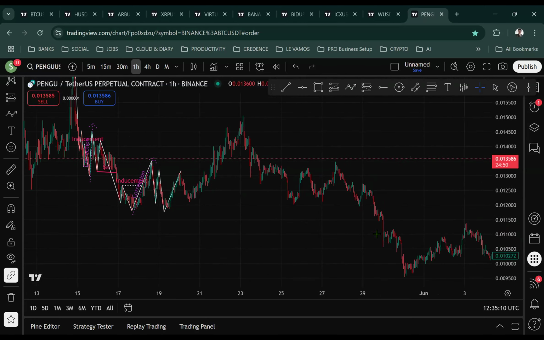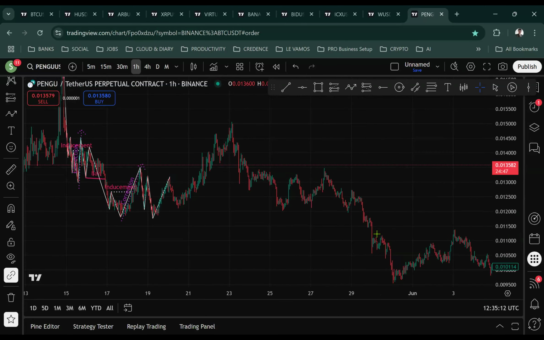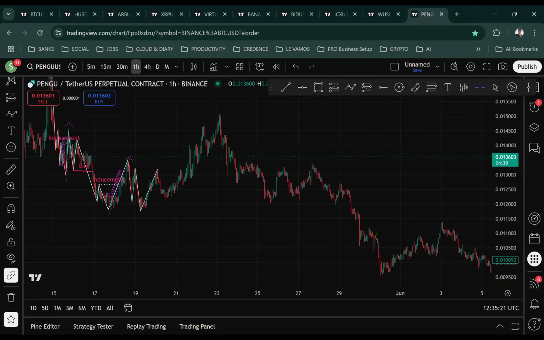You can see what happened here now. The market went up as if it wants to change, then the downtrend continued, exactly.